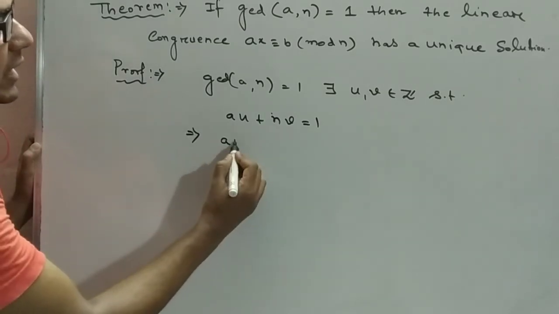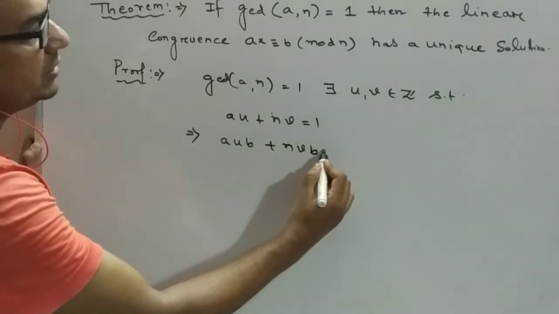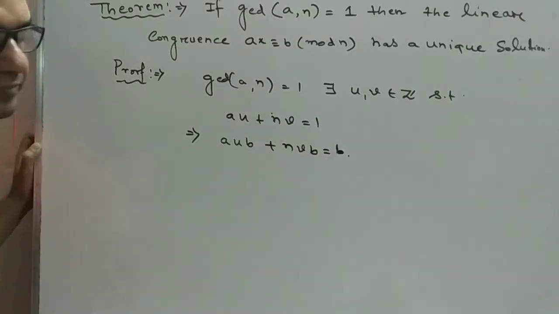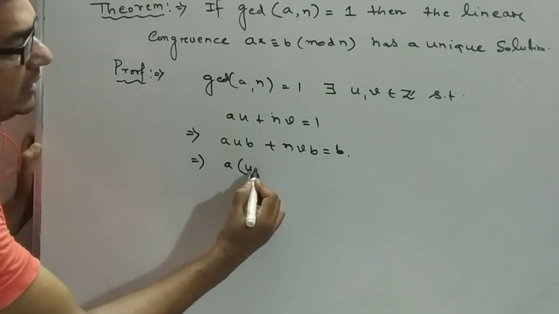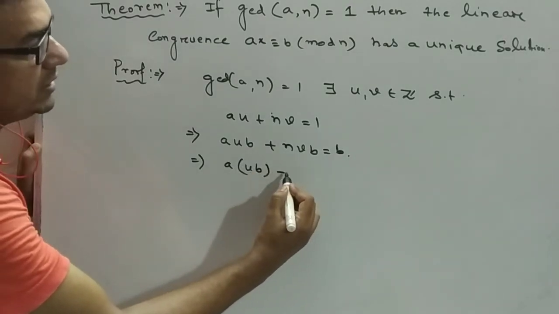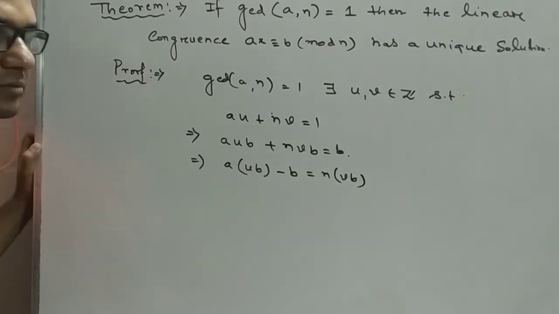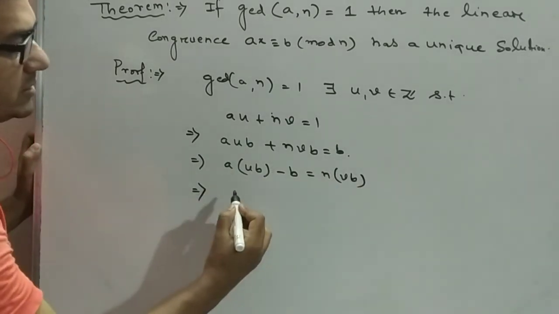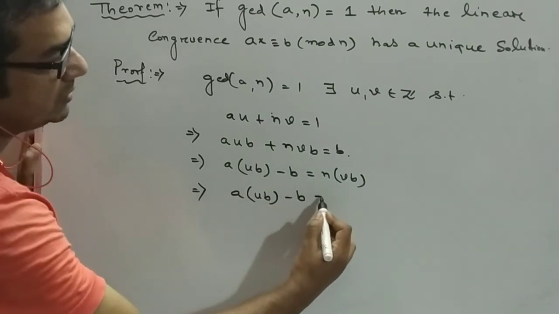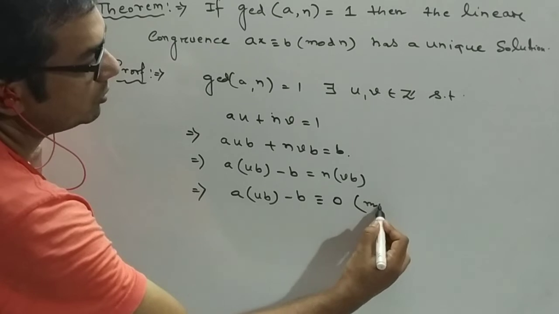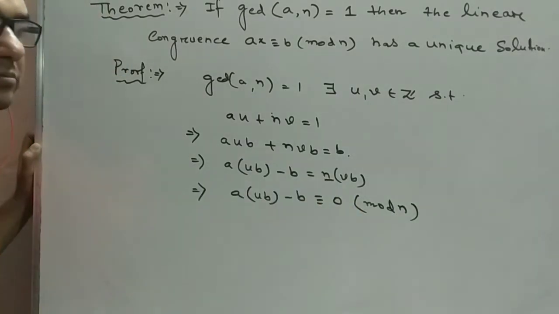This implies AUB plus nVB equals B. This implies AUB minus B equals nVB, and this implies AUB minus B is congruent to 0 mod n, since n divides it.